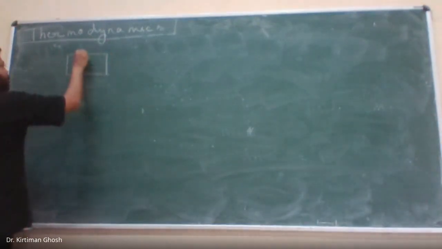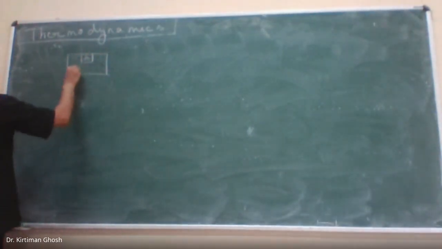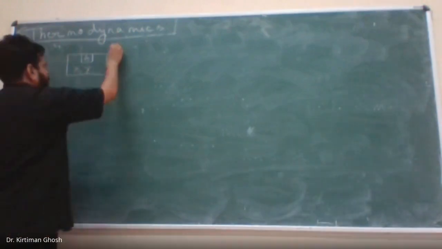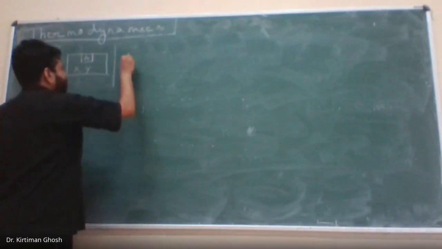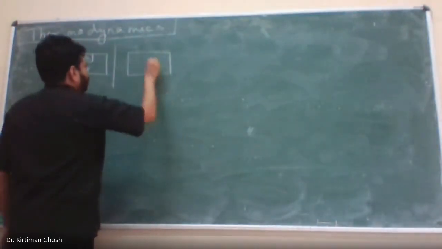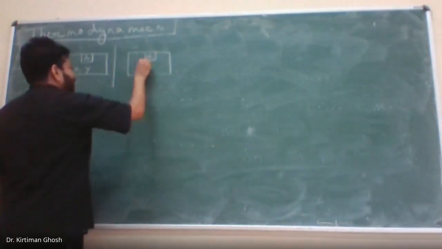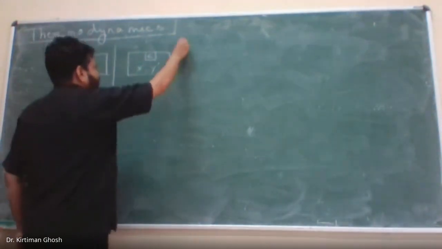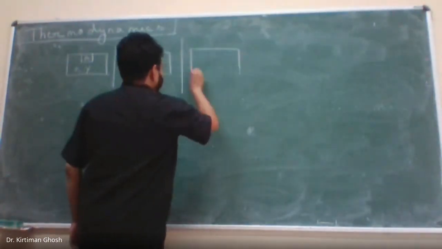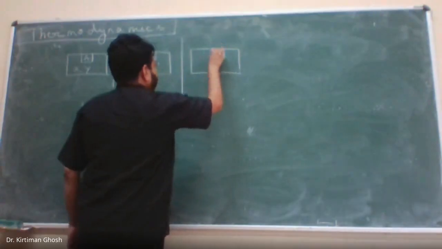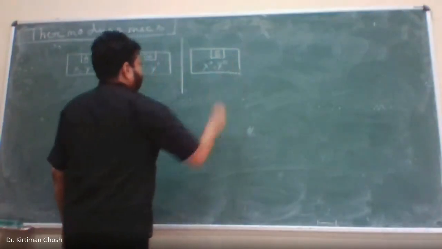I have a system A with thermodynamic coordinates x and y, which is in contact through a diathermic wall to a system C with coordinates x prime and y prime, which is in diathermic contact to a system B with coordinates x double prime and y double prime.